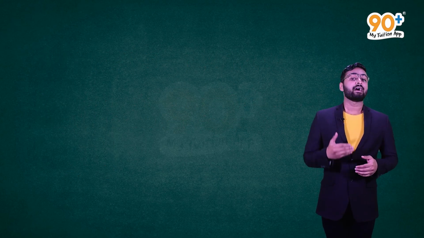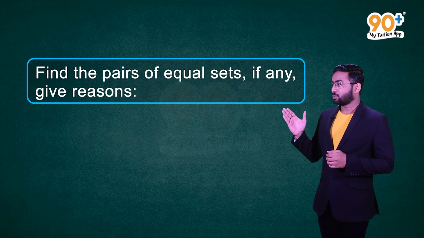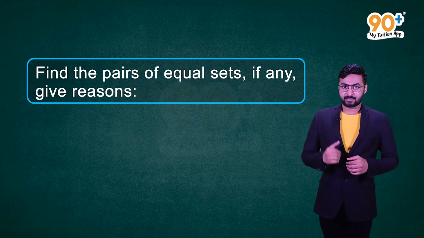Now let's take a look at some examples. First one, find the pairs of equal sets, if any, give reasons.